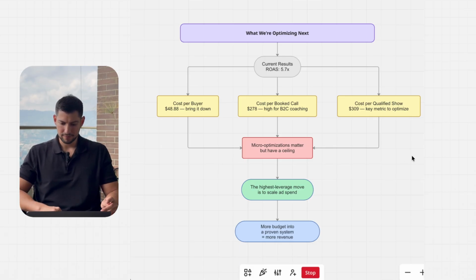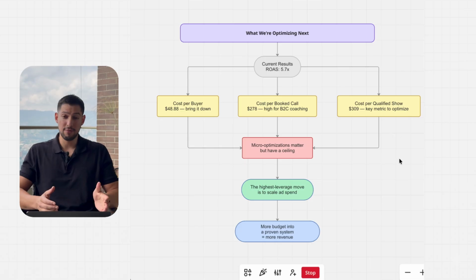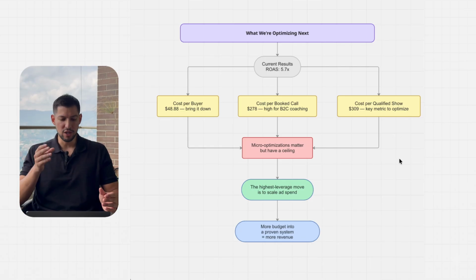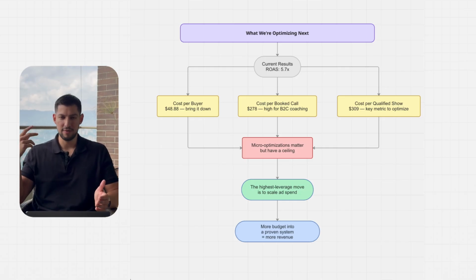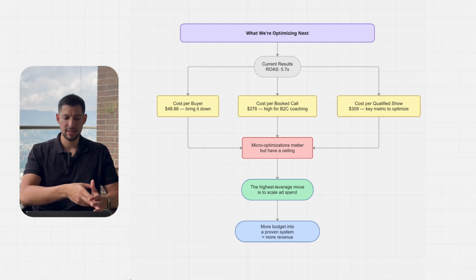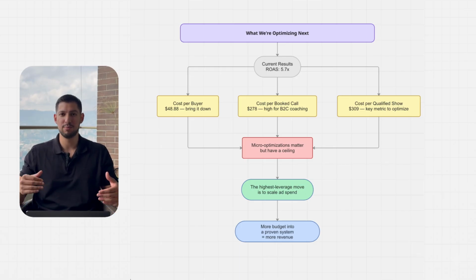For example, the cost to get a buyer of the $22 ticket is currently $48.88. I would like to keep bringing that down. If we can liquidate ad spend on the webinar, meaning all of the buyers of the tickets can cover the cost of that ad spend, so if I'm charging $22 a ticket and have enough buyers to cover all of the ad spend, then the client is basically pitching the webinar for free with no cost out of pocket.